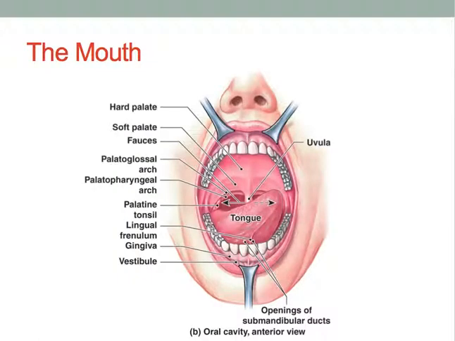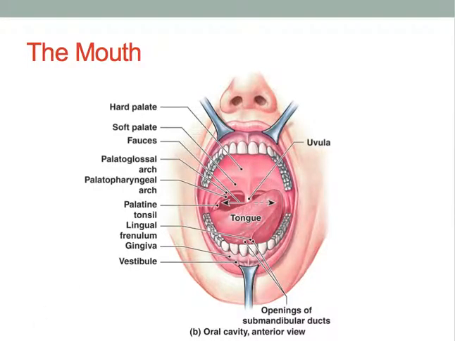The mouth is kind of step number one in the digestive system. It does a few different things. One of those is a sensory analysis of the material before swallowing. So what is it? That would be the taste of the food. In the mouth, there's also the mechanical processing through the actions of the teeth, the tongue, and also the surfaces of the mouth.